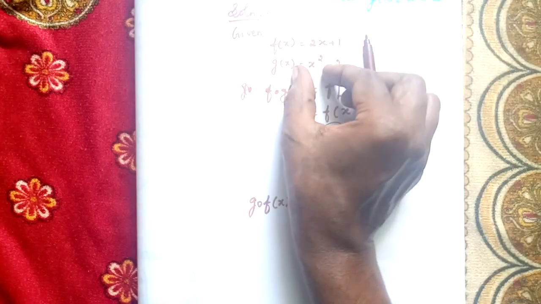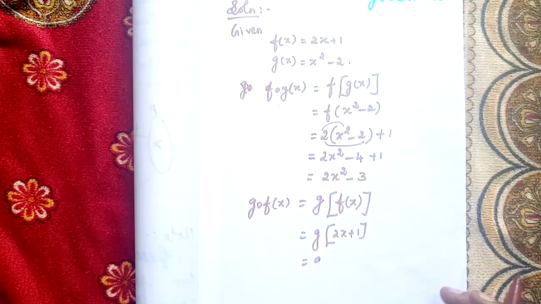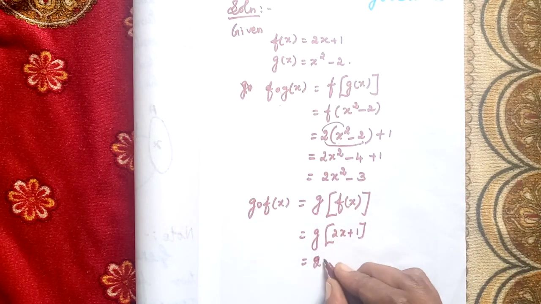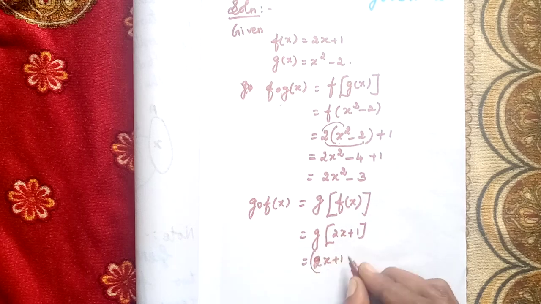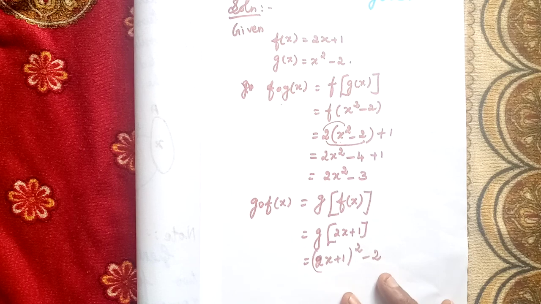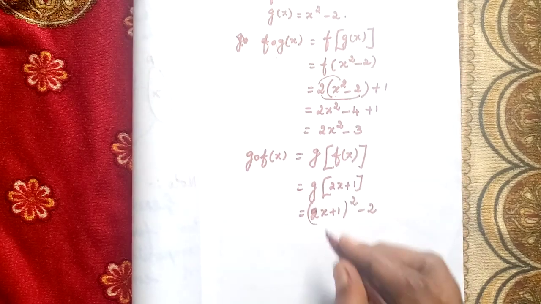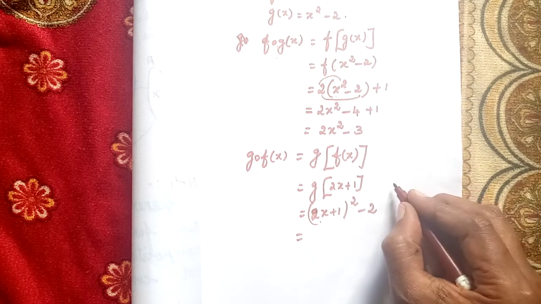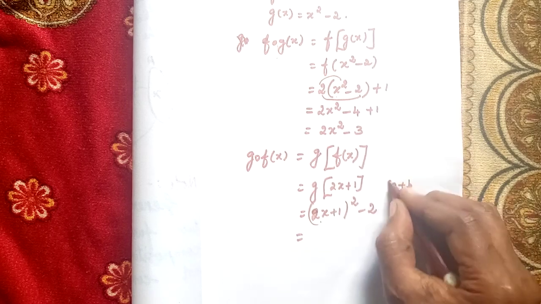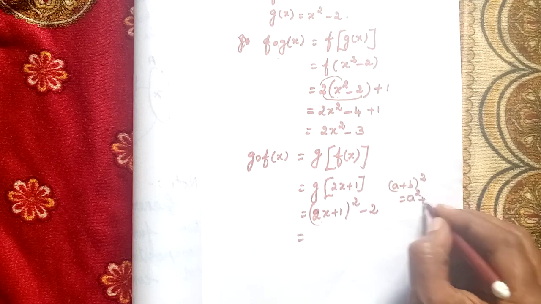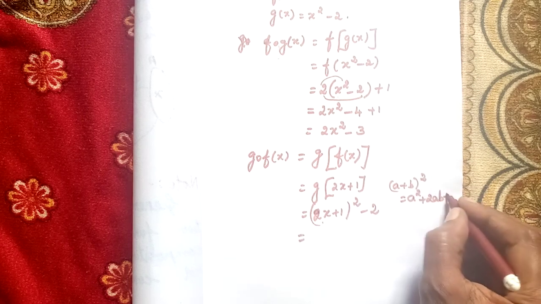So what will we get? 2x plus 1 the whole square minus 2. Here we have to use the formula a plus b the whole square. What's the formula? a plus b the whole square is equal to a square plus 2ab plus b square.